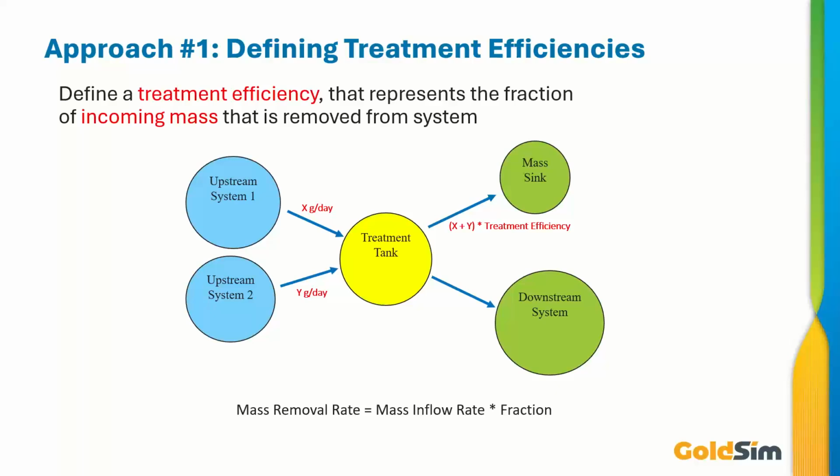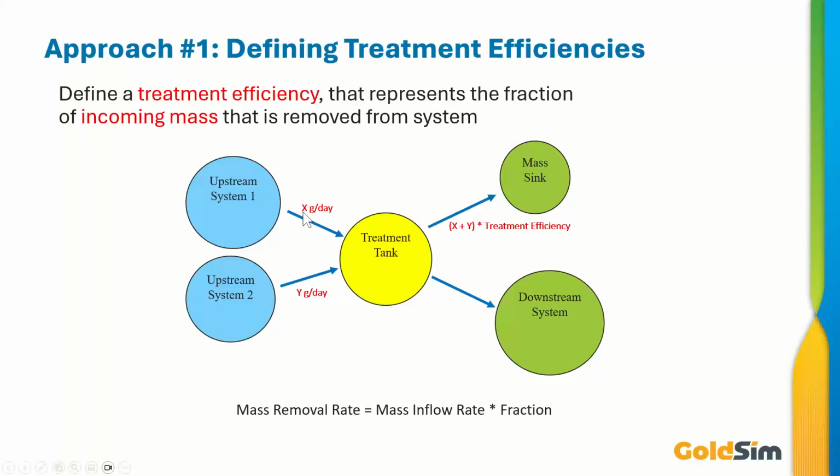Okay, so let's first look at the first approach, which is defining treatment efficiencies. We have the exact same system here that I just showed you. The difference is now I'm going to define a treatment efficiency within the treatment tank. We're going to add another mixing cell over here, which is where we're putting the mass that we're removing.